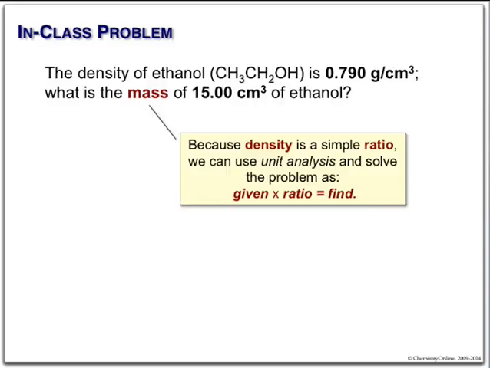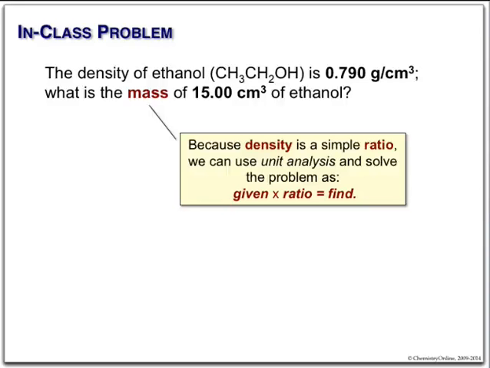Okay. We're going to use our simple algorithm to do this. Remember we did this, I said you could use it, well, we're going to use it again. I've referred to density as a simple ratio, haven't I? Grams per cubic centimeter is a ratio.